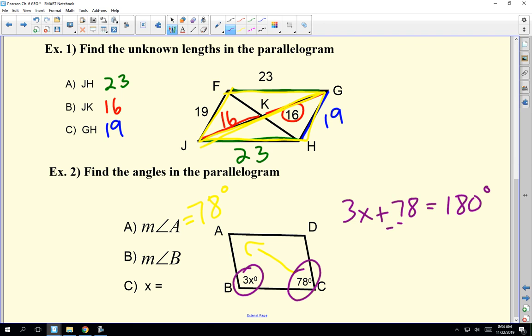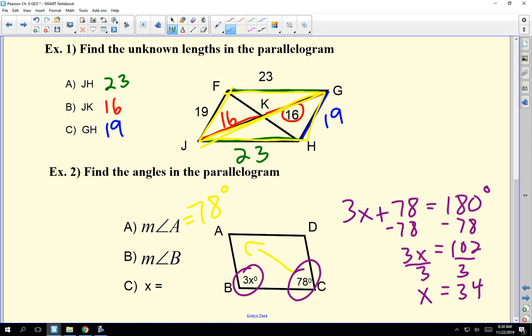So subtract 78. So 3x equals 102. And then divide by 3. So x equals, 3 goes into 10 three times, into 12 four times. x equals 34.